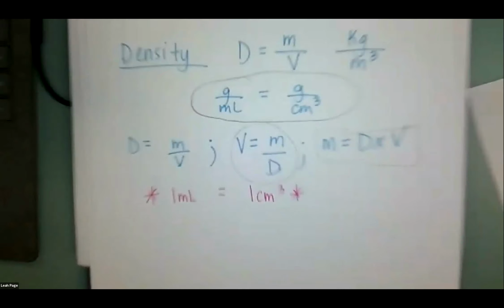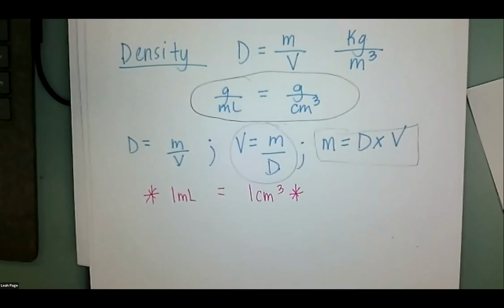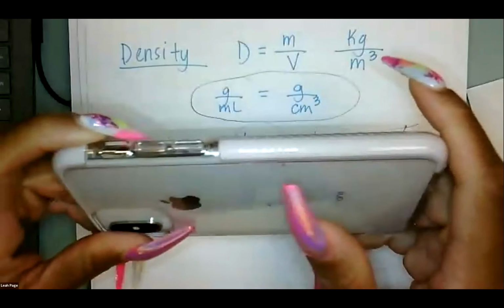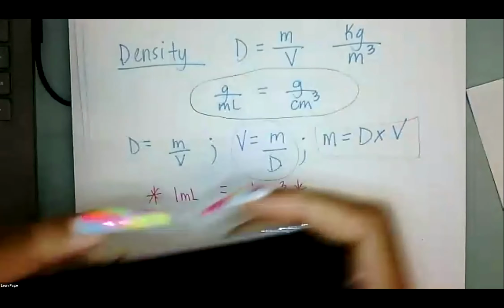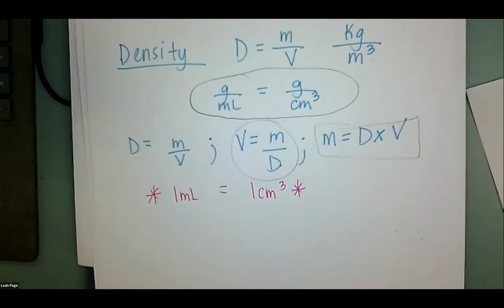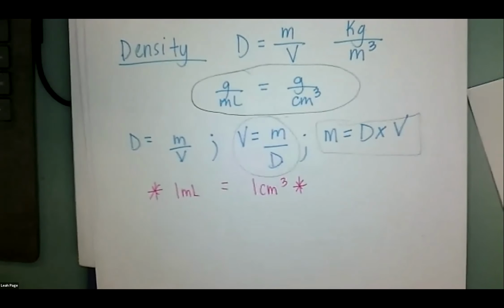But if we're measuring the volume of a solid, let's say my cell phone, I'm going to do the length times the width times the height, or something in the shape of a cube, and that's how you end up getting centimeters cubed. It's hard to measure a solid in milliliters. The milliliters and liters and gallons and things like that are usually for liquids.